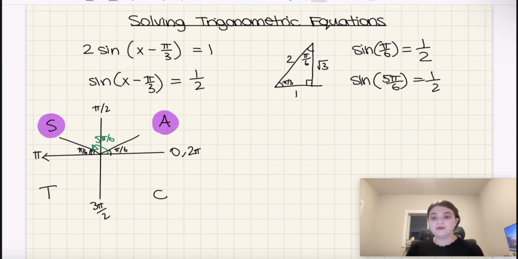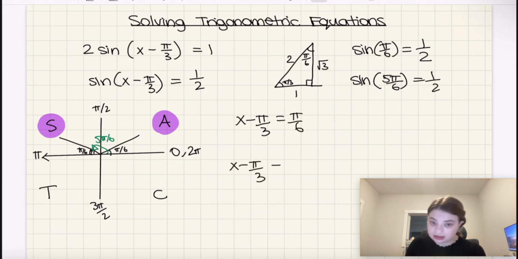Okay, so now what we need to do in order to find the answer is figure out where it would be true that x minus pi over 3 is equal to pi over 6, or where x minus pi over 3 would be equal to 5 pi over 6. We need to figure out both of those things.